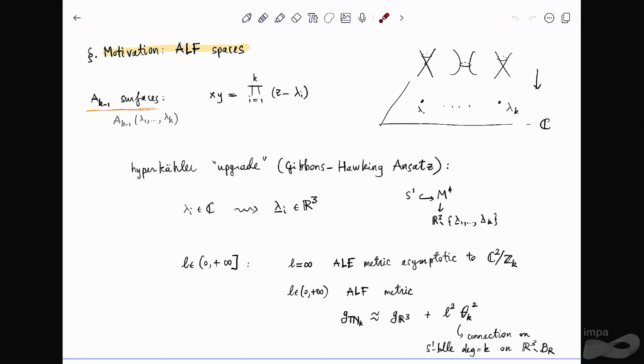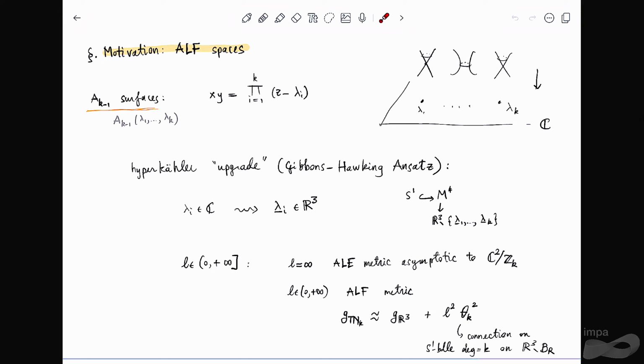So for the Gibbons-Hawking metrics, in a generic complex structure, we have a kind of deformation of the A_{k-1} singularity. This is just an equation, a hypersurface in C^3.